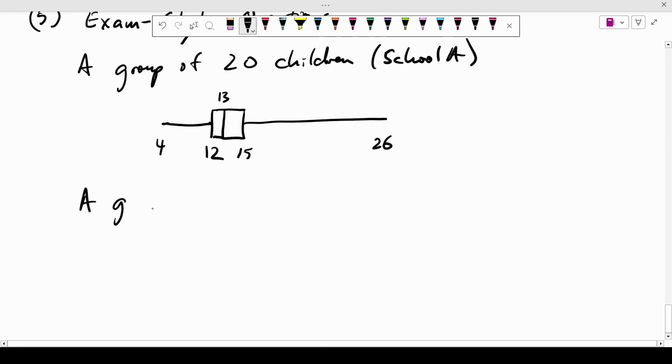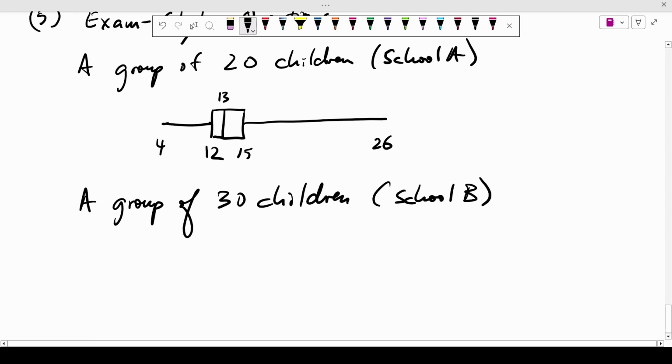Okay. And now we're going to add to this question that another group of 30 children, this time from School B, had the exact same survey. And for them, we know that the mean time playing was 12 hours and that the standard deviation was 2.